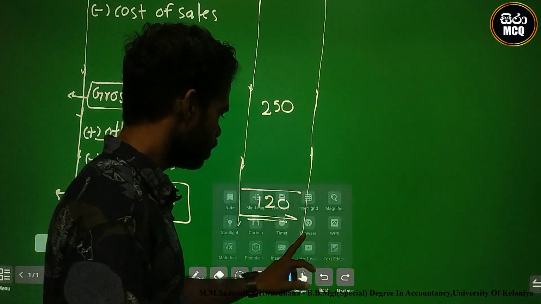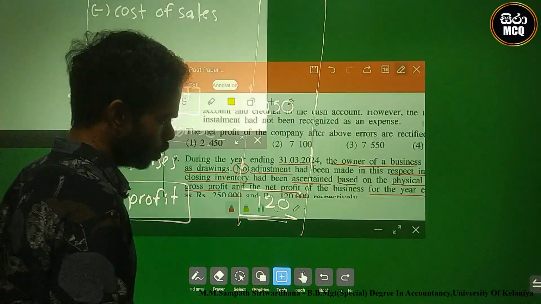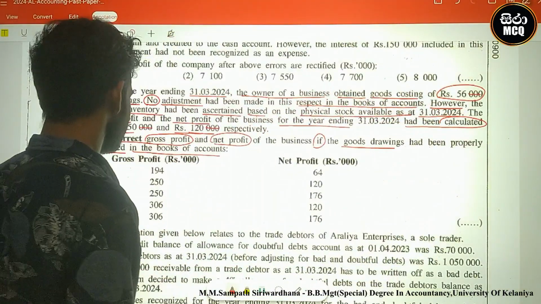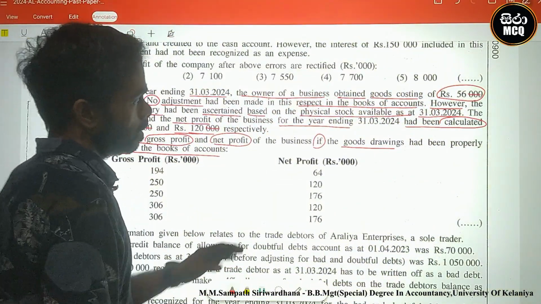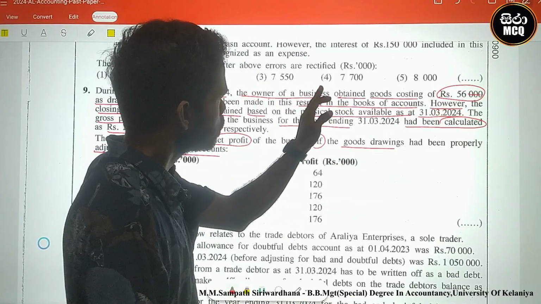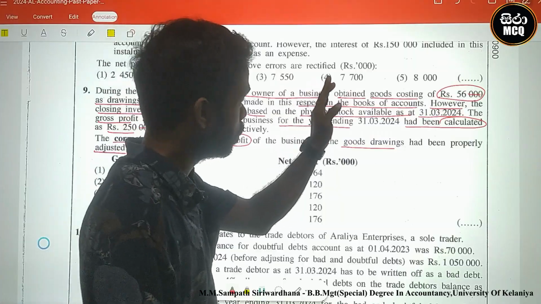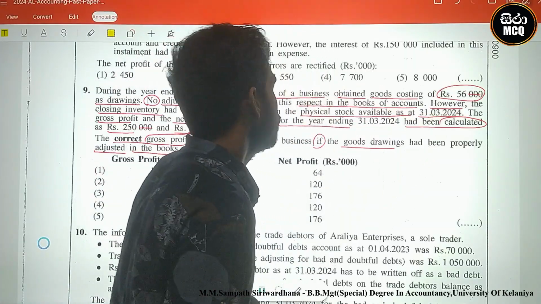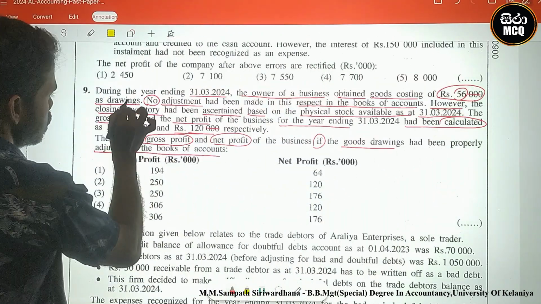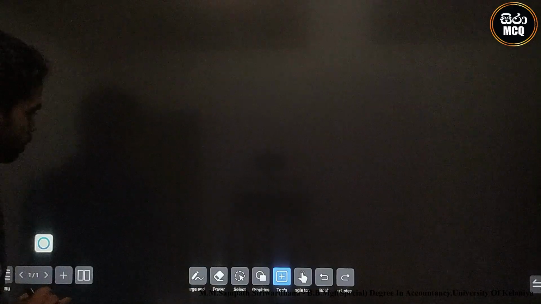Look here, there are goods drawings of 56,000. This is the goods drawing cost. The owner of the business obtained goods costing 56,000 as drawings. What is the double entry?